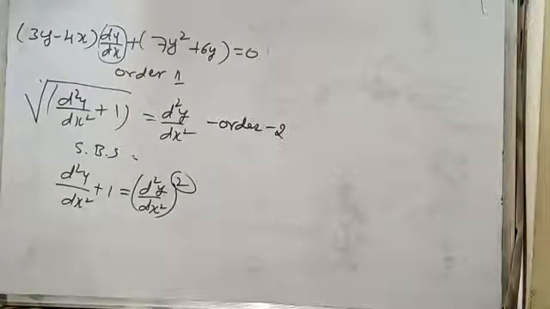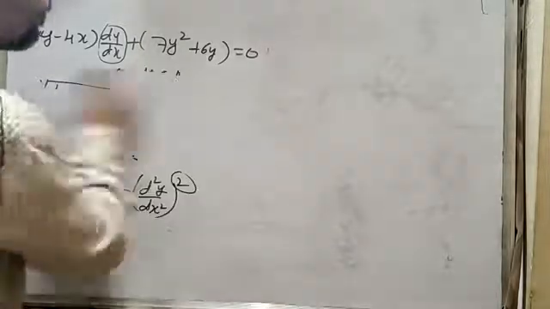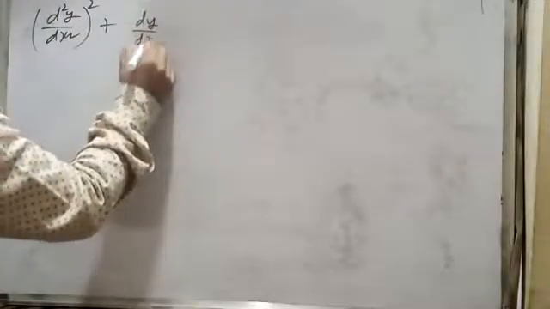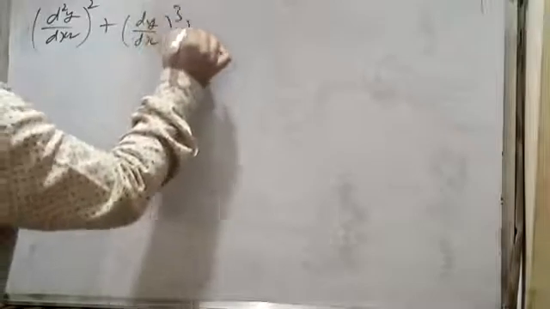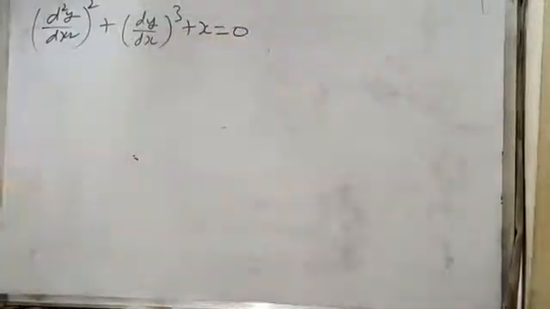Okay? Right. One more example, let us check. Because when you go for the CET or other competitive examinations, order and degree questions will be there. Remember this. So I will write d square y by dx square, whole square, plus dy by dx, whole cube, plus x is equal to 0.